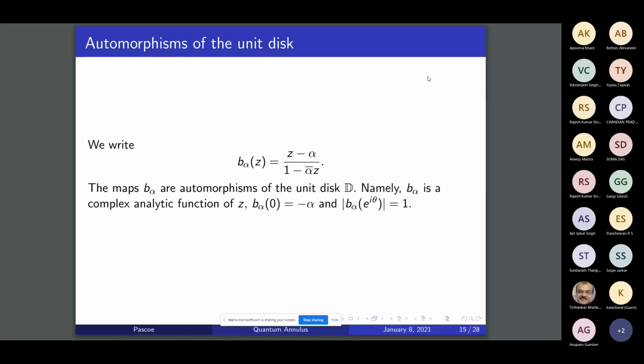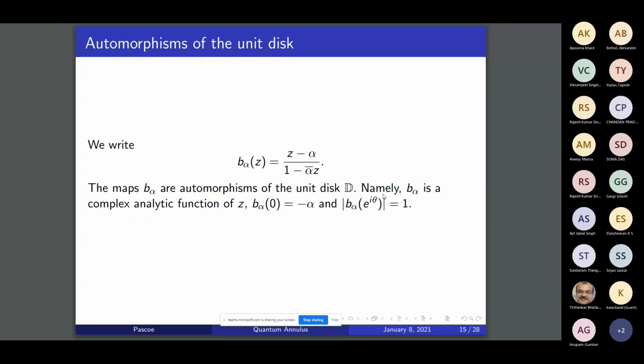Okay, the next ingredient that we're going to need is automorphisms of the complex unit disk. If I write down this function b alpha to be just (z minus alpha) over (1 minus alpha bar z), for alpha being some point inside of the unit disk, then these b alphas are automorphisms of the unit disk.